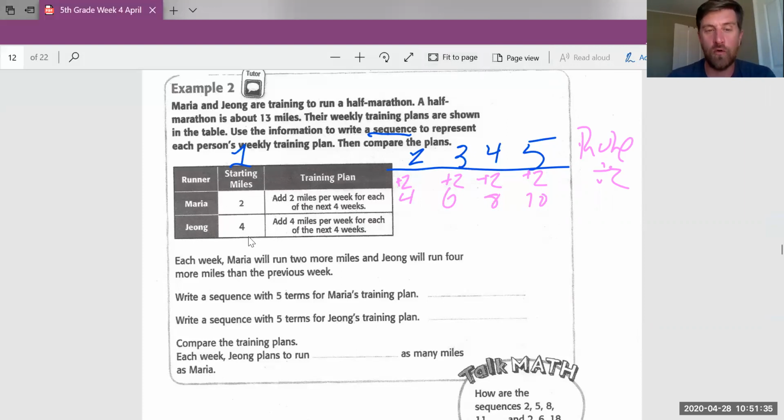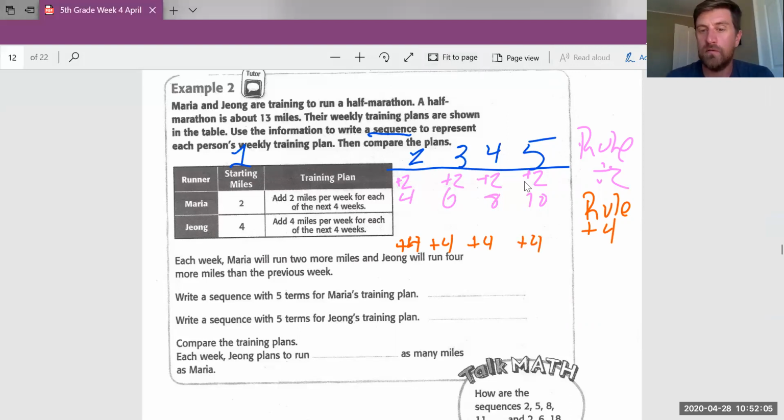Jiang is going to run 4. Then she's going to add 4 miles per week for the next 4 weeks. I wonder already, can we figure out what that rule is? It tells me to add 4 miles, so the rule is going to be plus 4. I'll put those down here. We're going to add 4 for this week, and this week, and here, and here.